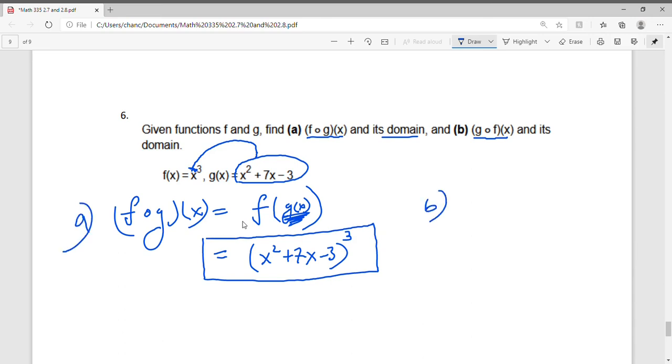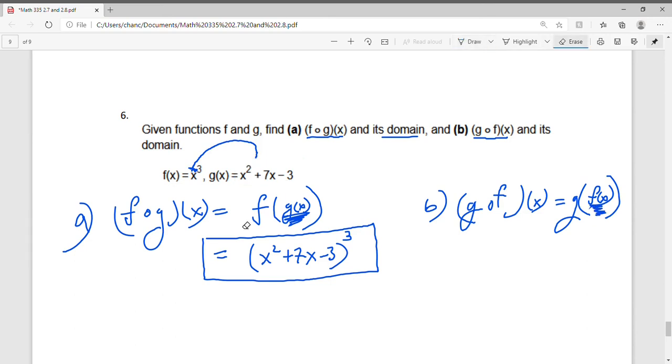For part B, it's different. We're looking for g of f of x. This time, we're going to plug in f of x inside the function g. That means x cubed will go in everywhere we see an x.